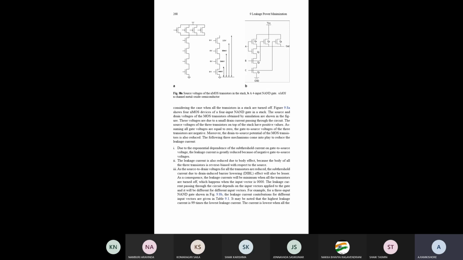Those off transistors will be controlled with the help of the substrate bias control circuit. In the next class, we'll continue with what is meant by the multiple threshold complementary metal oxide semiconductor approach.